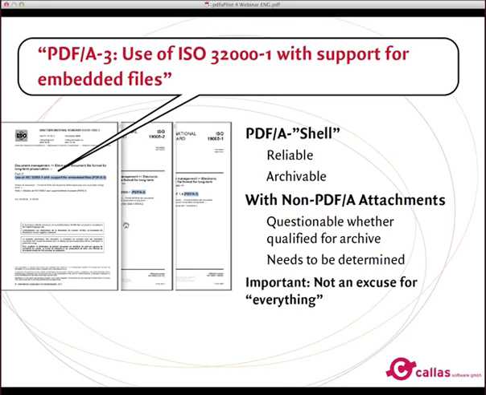We have PDF/A-1, PDF/A-2, and PDF/A-3. The headline of PDF/A-3 is actually use of ISO 32000 with support for embedded files. So as you can see, the main thing in PDF/A-3 is embedded files.